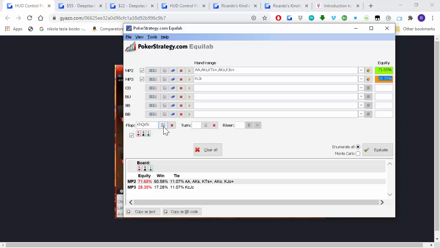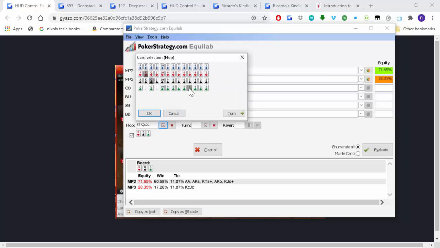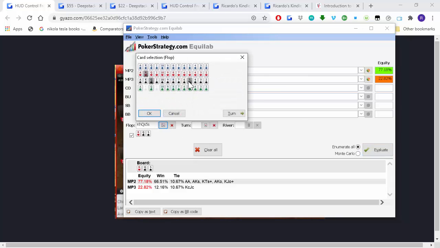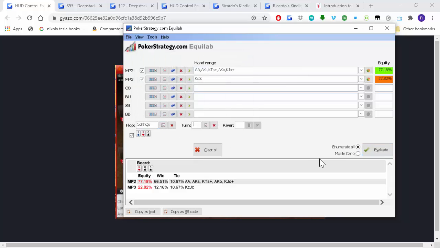So let's compare this 20.35% versus changing the club to a spade. Oh shit, so that's an extra 6% equity. How about if it's a rainbow card though? No, it's like 3.5%.